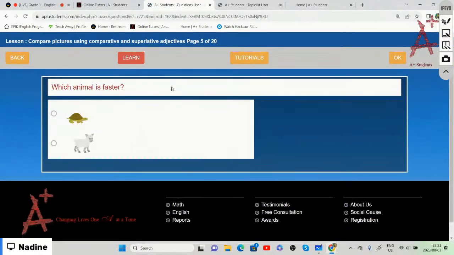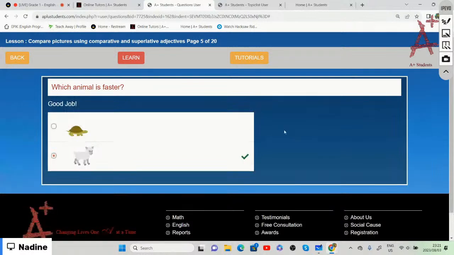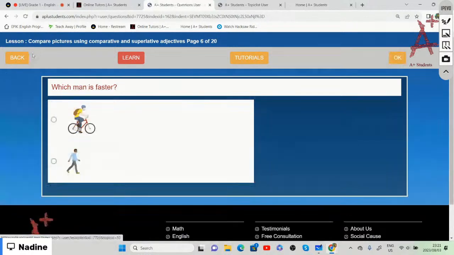And which one is faster? Is that now a little sheep and a tortoise? We can say that as much as both of them are slow, the sheep is faster than the tortoise.